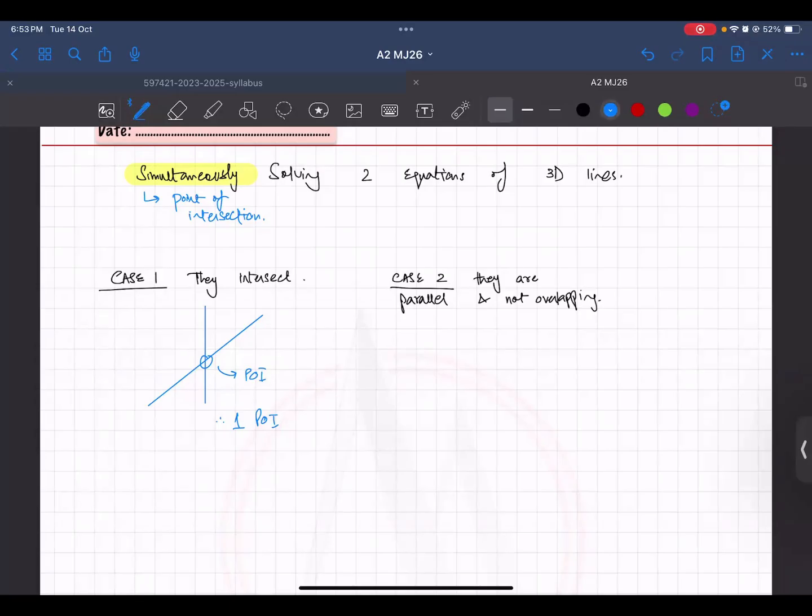For example, your room is a 3D space. Your room has length, breadth, and height, all three of them. So if you have a line which is going diagonal from one corner to another, and you have another line, this is your floor.